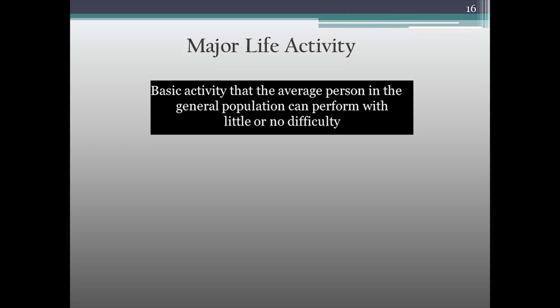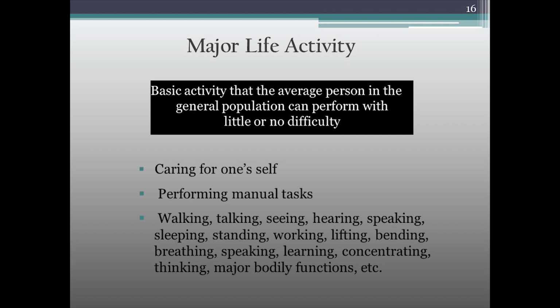So what is a major life activity? A major life activity is any basic activity that the average person in the general population can perform with little or no difficulty. It includes things such as caring for oneself, performing manual tasks, walking, talking, seeing, hearing, speaking, sleeping, standing, working, lifting, bending, breathing, learning, concentrating. This is a non-inclusive list.